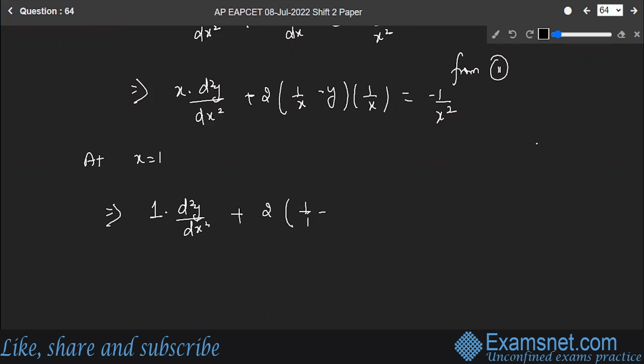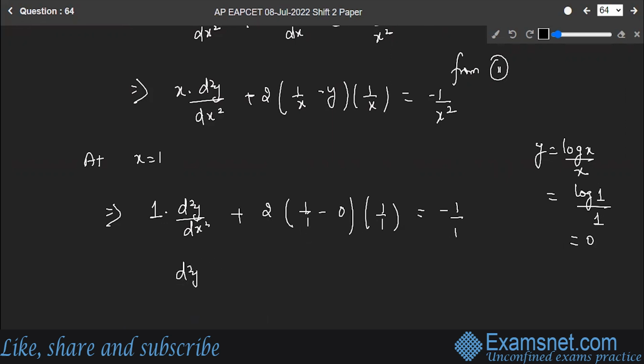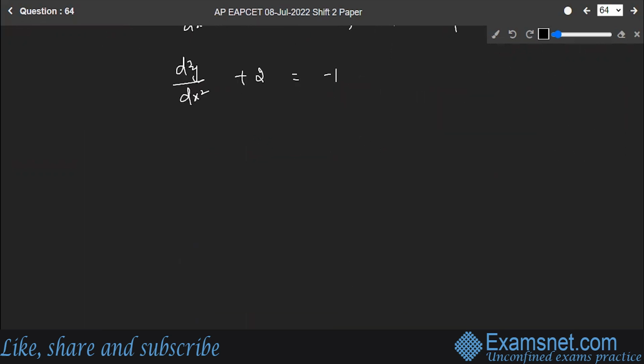So now what is the value of y? You know y was equal to log of x upon x, which is equal to log of 1 upon 1. Log of 1 is equal to 0. So that means at x is equal to 1, y is equal to 0. So this is equal to minus 1 upon 1. So the second derivative plus 2 is equal to minus 1. So the second derivative will be equal to minus 3.